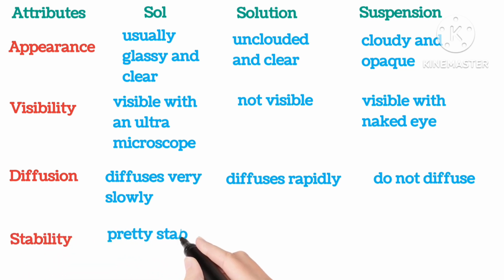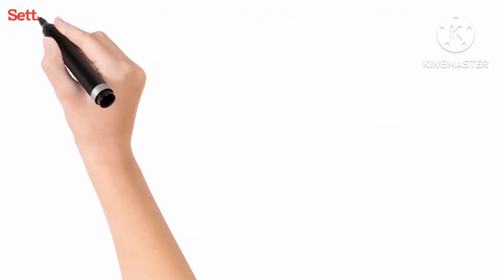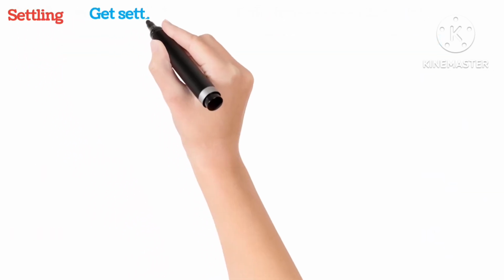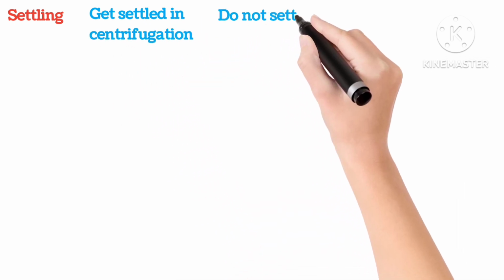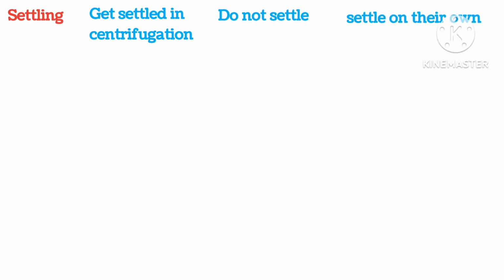Stability: sols are pretty stable, solutions are highly stable and suspensions are unstable. Settling: sols get settled in centrifugation, solution does not settle, suspension settles on its own.